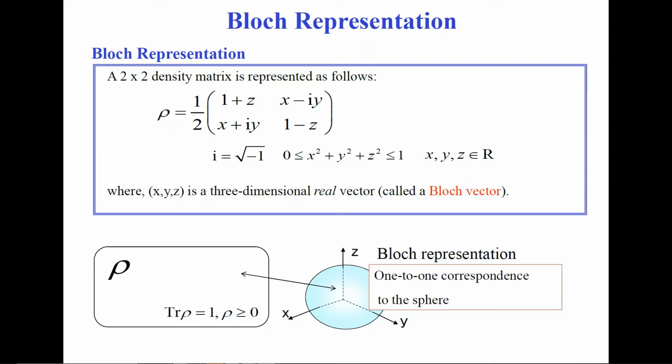If we determine a certain Bloch vector, a three-dimensional real vector, then we can determine a certain density matrix in this parameterization. So this is the Bloch representation. And this three-dimensional real vector with norm bounded by 1 is often called a Bloch vector.